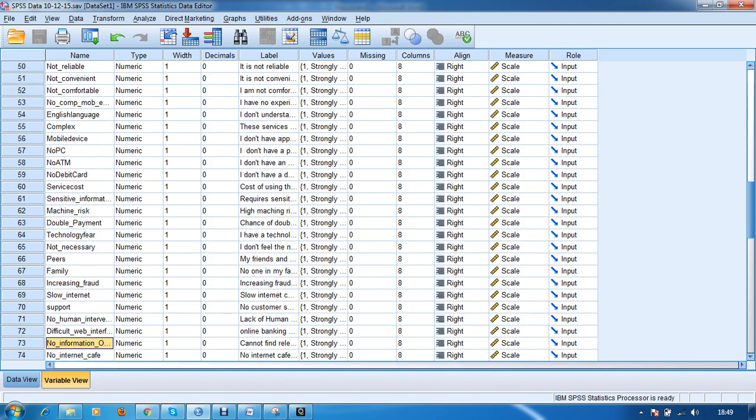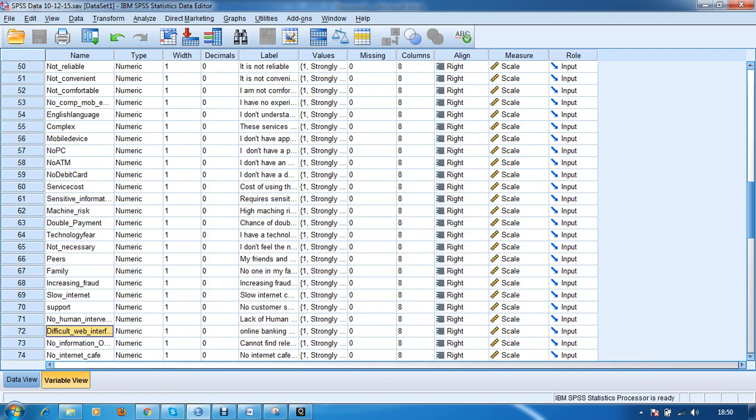Also, for those people who are using web interface and app interface, it might seem very difficult for users in terms of using the website or app of the banks. Commercial or any other banks might be responsible for designing a difficult web or app interface for users.